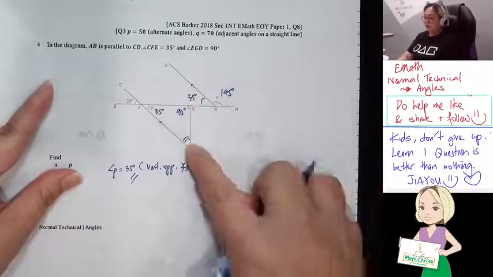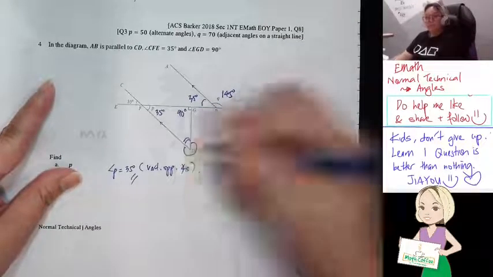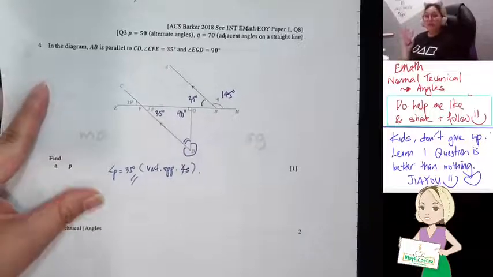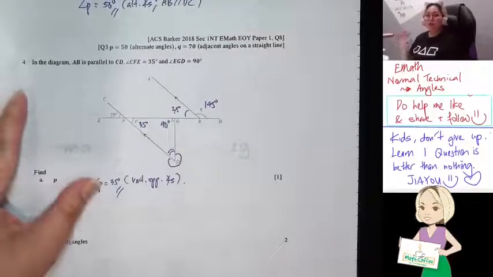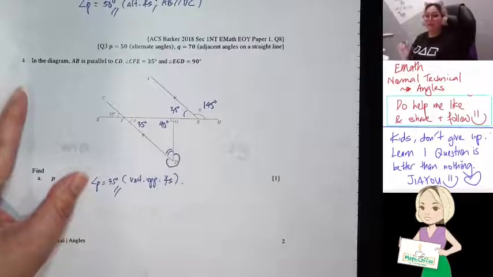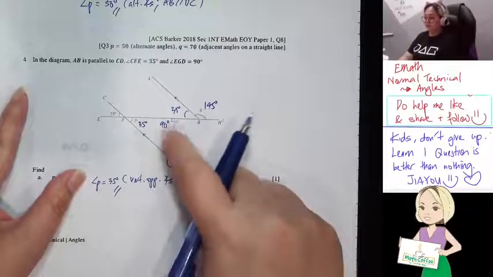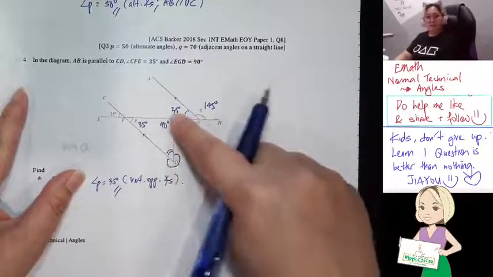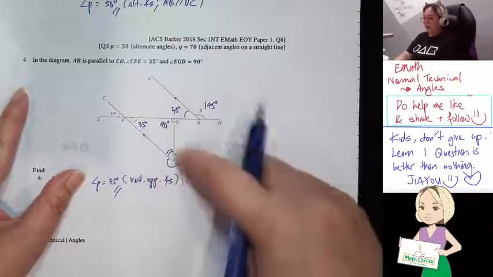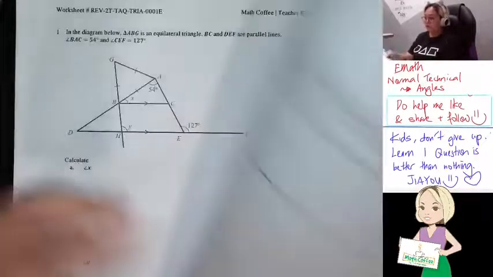FDG can refer to the inside here, or it can be the outside. So since they ask for reflex, and remember just now I mentioned reflex is more than 180 degrees, when they put the word reflex in front, that means they want you to find the outside one. Okay? So let's find the inside first. So this is a triangle. FDG is a triangle. Three angles add up together to give us 180 degrees.